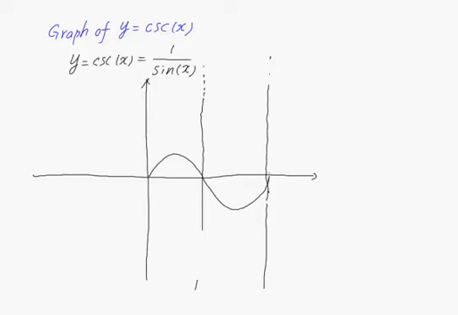So the graph of the cosecant function is like this. And here, like this. Okay, we just draw the graph of this cosecant in this fundamental cycle.